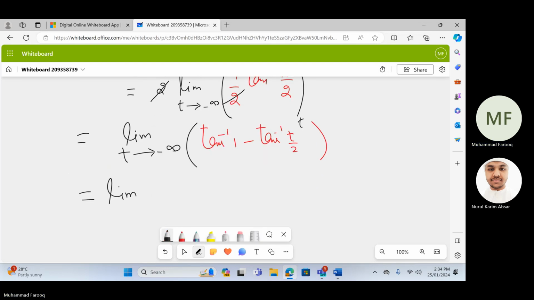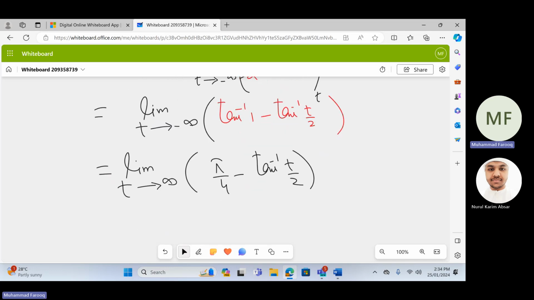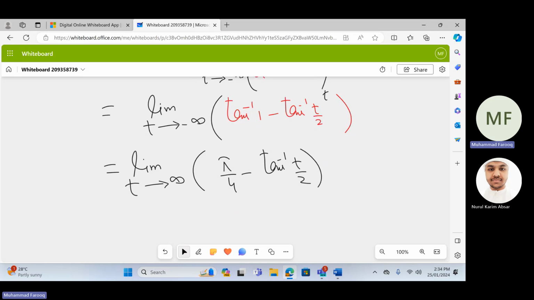Limit, t approaches negative infinity. How much is tan inverse of 1? pi/4. So 5/4 minus, okay, now we have tan inverse of t by 2. Please tell me, will this limit t to negative infinity affect 5/4? No. Now please apply limits. Wherever you have t, replace by what? Negative infinity.